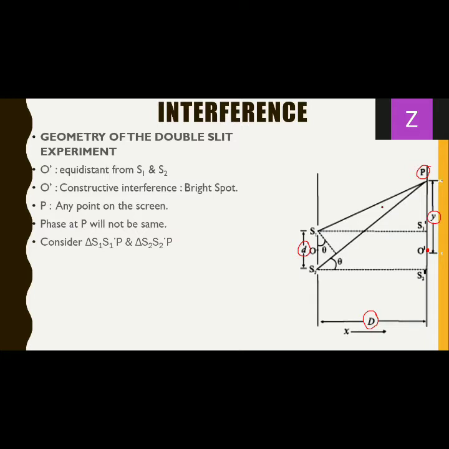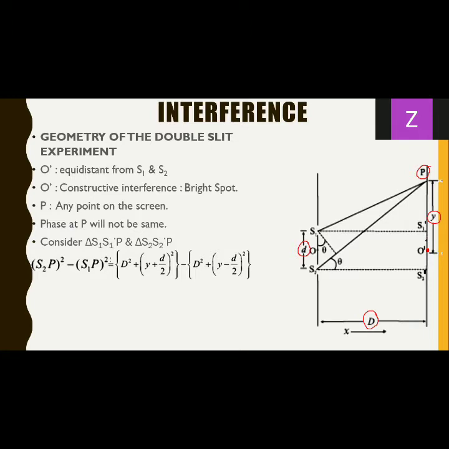From these triangles, we can write S2P square minus S1P square. S2P square can be written as D square plus (Y plus d by 2) whole square, minus S1P square, which we can write as D square plus (Y minus d by 2) whole square. Where does this term come from? This term comes from the basic Pythagoras theorem.